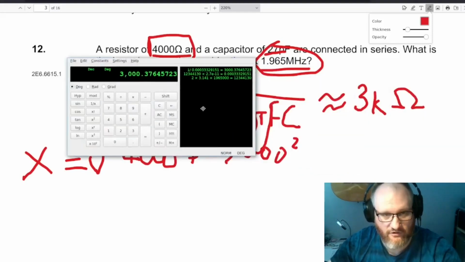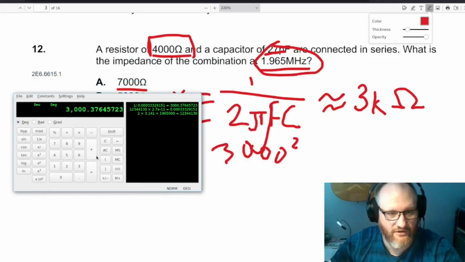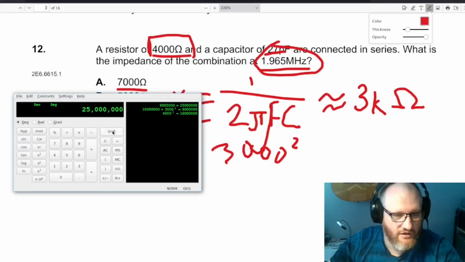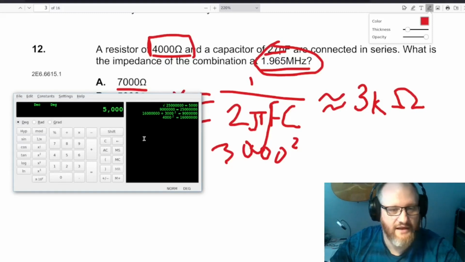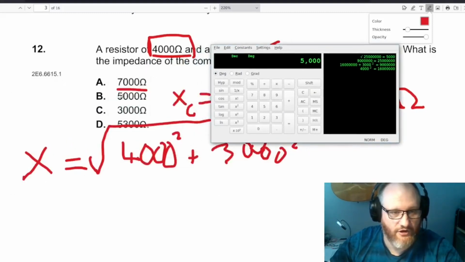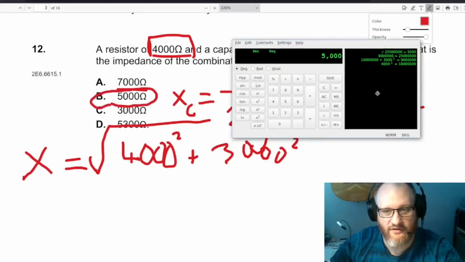I'm really bad at these numbers, so the square root of 4,000 squared plus 3,000 squared gives us 25,000,000. And if we then find the square root of that, that gives us 5,000 ohms, which is in fact option B. Option B, 5,000 ohms.